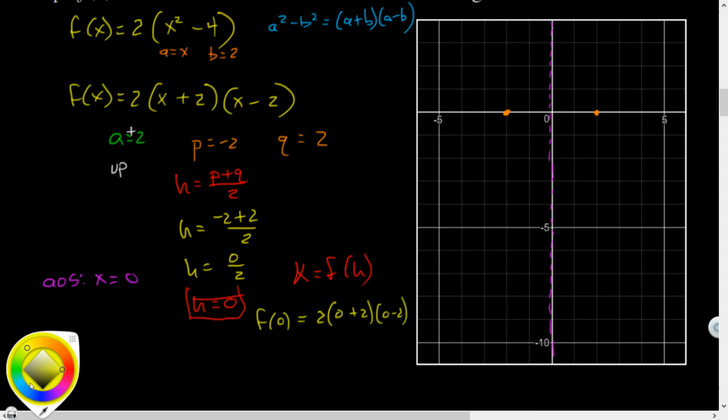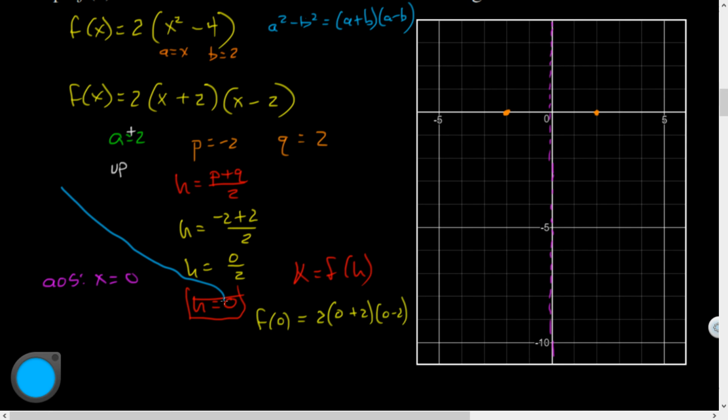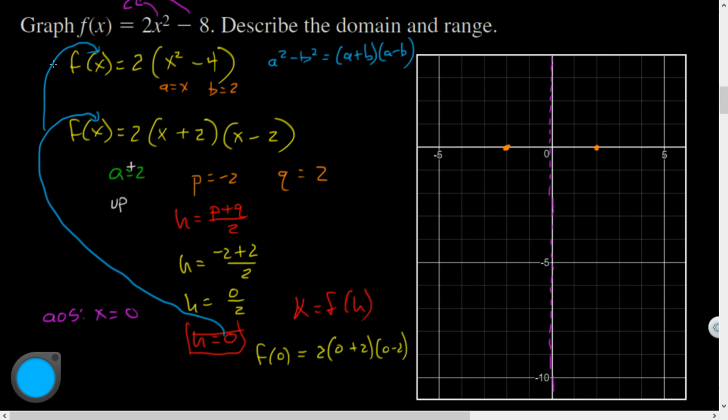I do want to point out, when I'm plugging in h, I could plug it into this version, or even this version. Technically, either of those work. I think the factored form that I picked, the intercepts form, is probably easier, but I wouldn't say you're wrong for choosing another one. 0 plus 2 is 2. 0 minus 2 is negative 2.